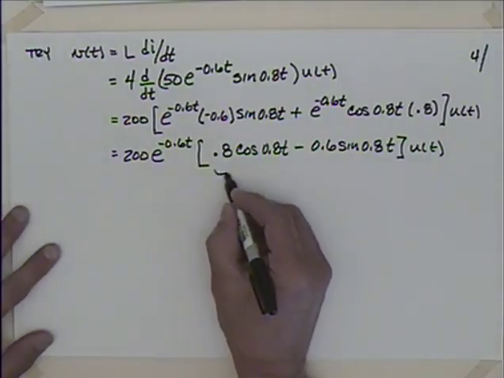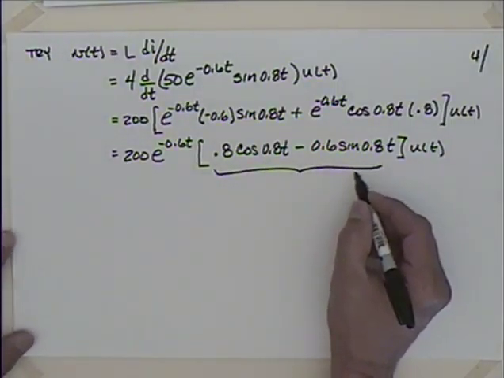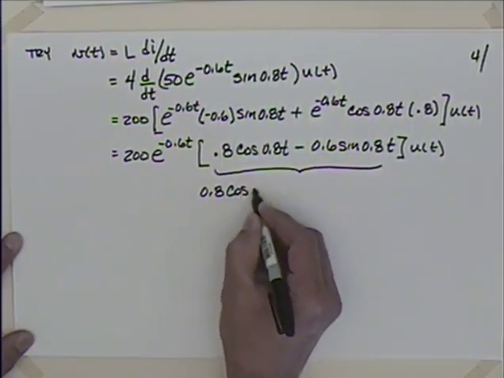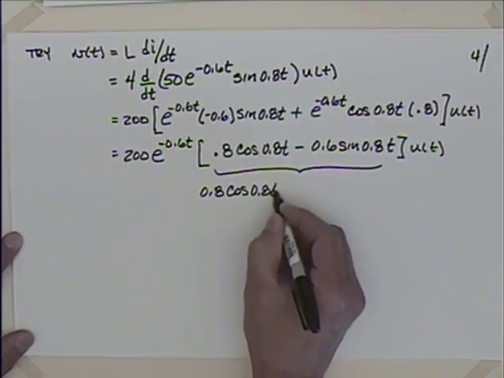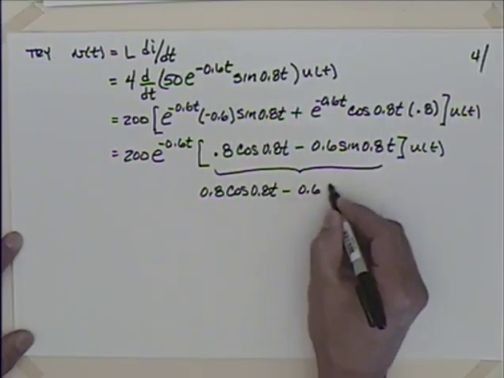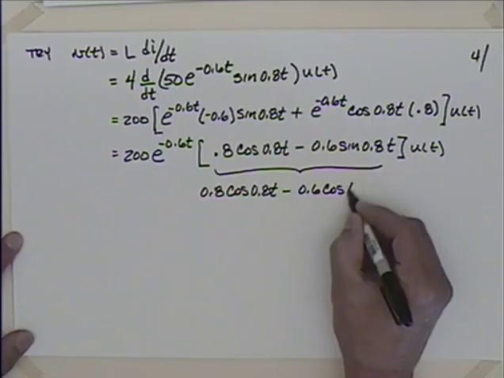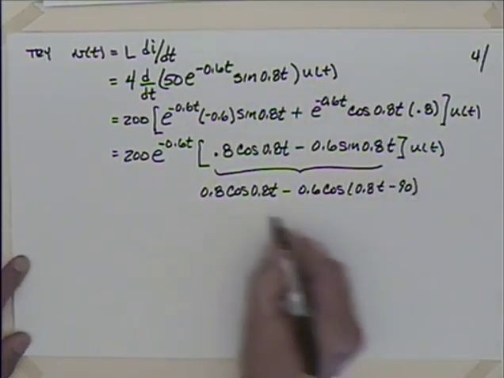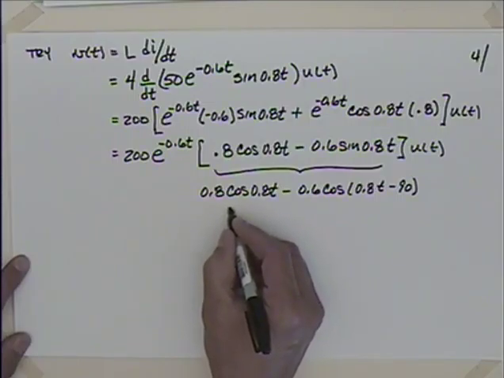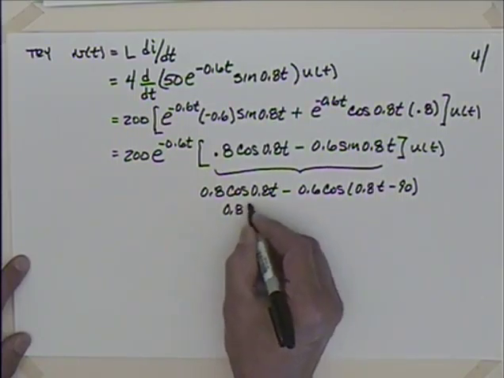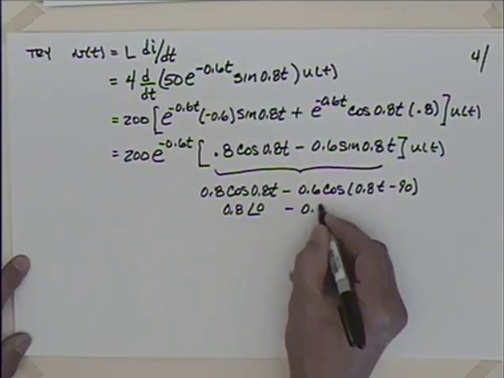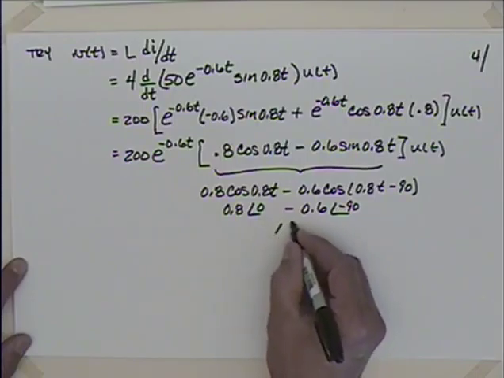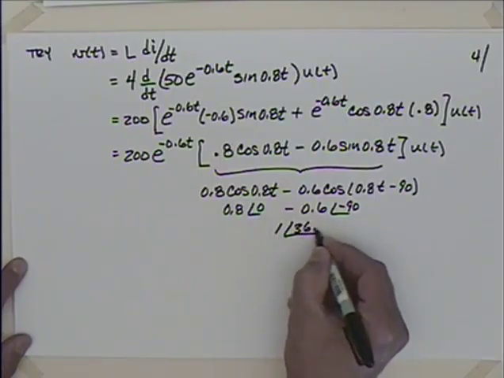So let's see, I need to try and tidy that up. I could say that that was 0.8 cosine of 0.8t minus 0.6 cosine of 0.8t minus 90. Putting that into phasor form, 0.8 at 0 minus 0.6 at minus 90 gives me 1 at 36.87.